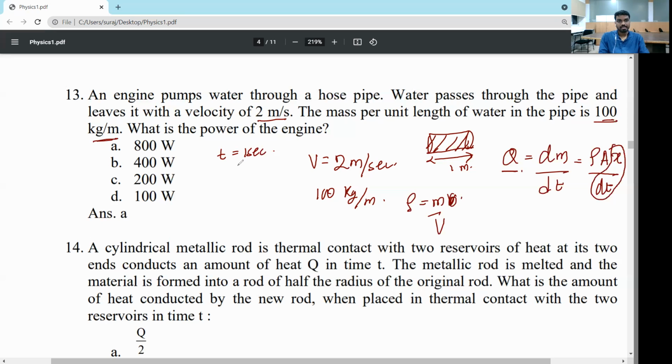So in 1 second, let's say length is equal to 2 meter. Mass will be how much? 200 kg. Mass is 200 kg, time is 1 second, length is 2 meter. So power is equal to what? Work done by time.